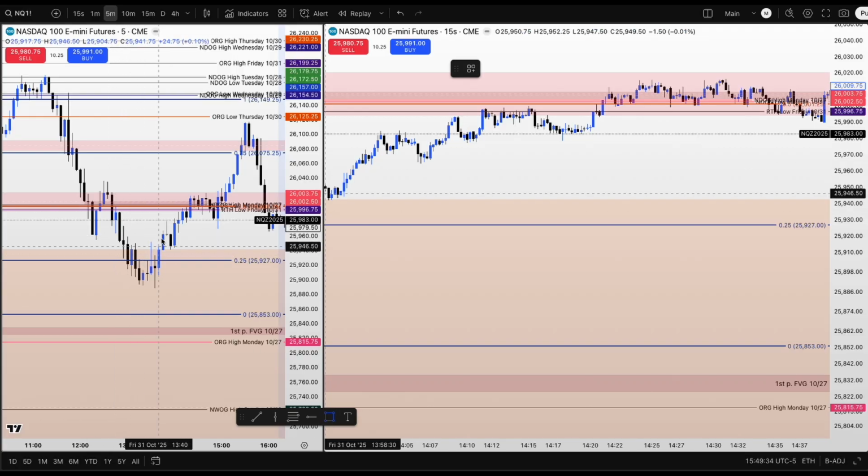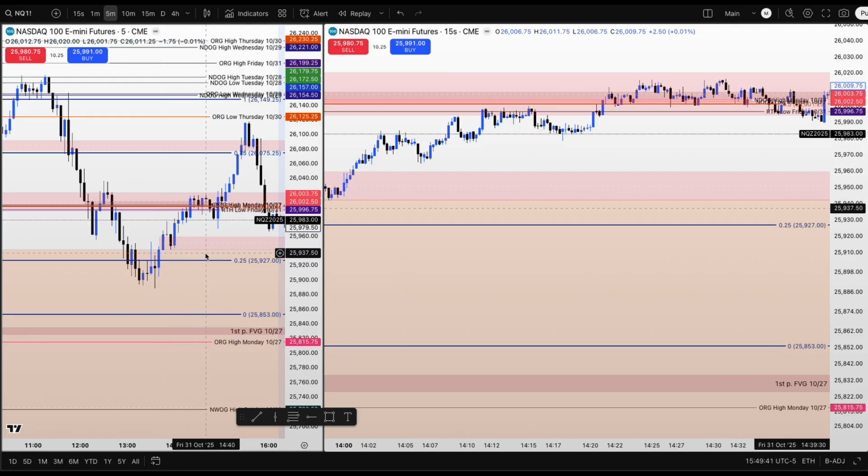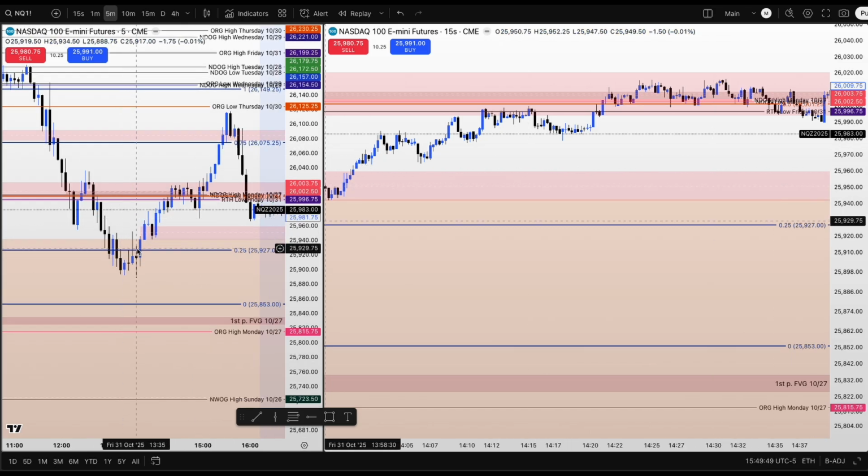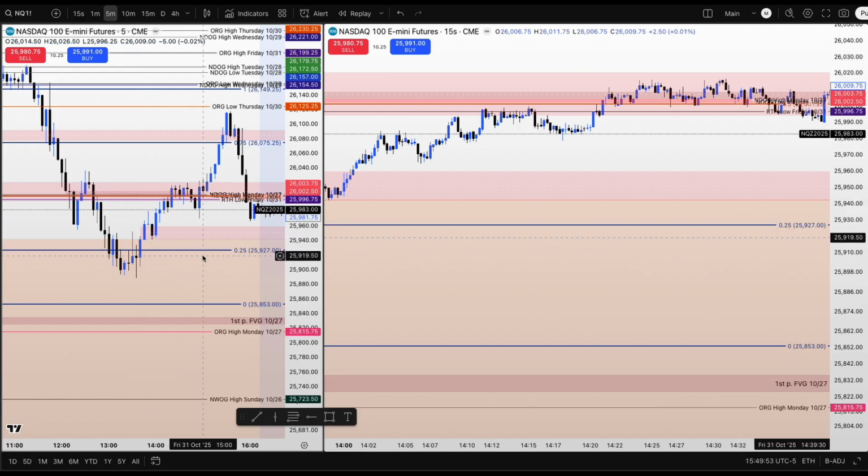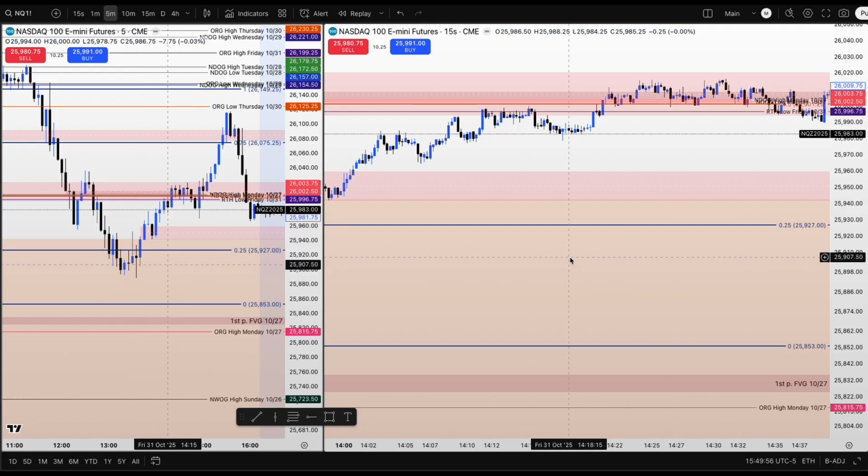We had this bullish fair value gap that formed, and there's a small little volume imbalance, so I have to take that into account. That formed on the 5-minute chart that overlapped the high here of the daily fair value gap. So that was another added confluence.